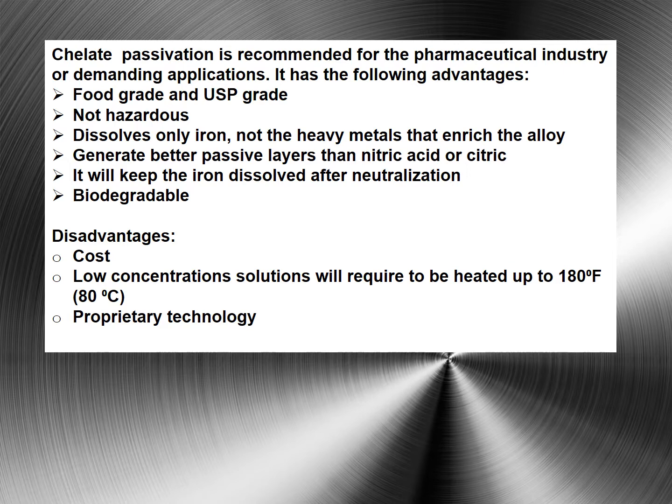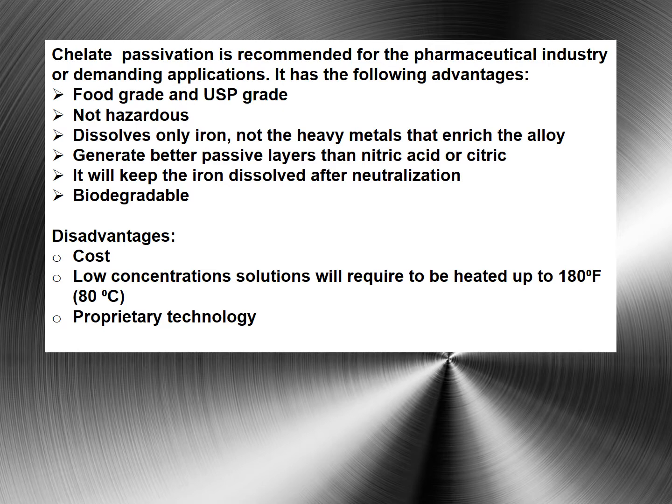Chelate passivation is recommended for the pharmaceutical industry or demanding applications, for example, sausage ovens, which are in contact with hot sealant solutions. Chelate passivation has the following advantages. Only use chemicals that are food grade or USP grade. It is not hazardous. It dissolves only iron.